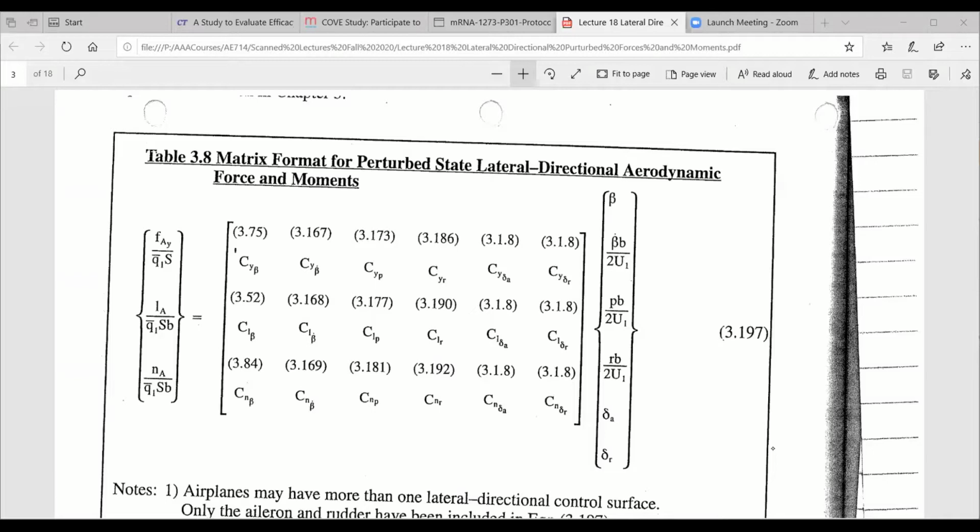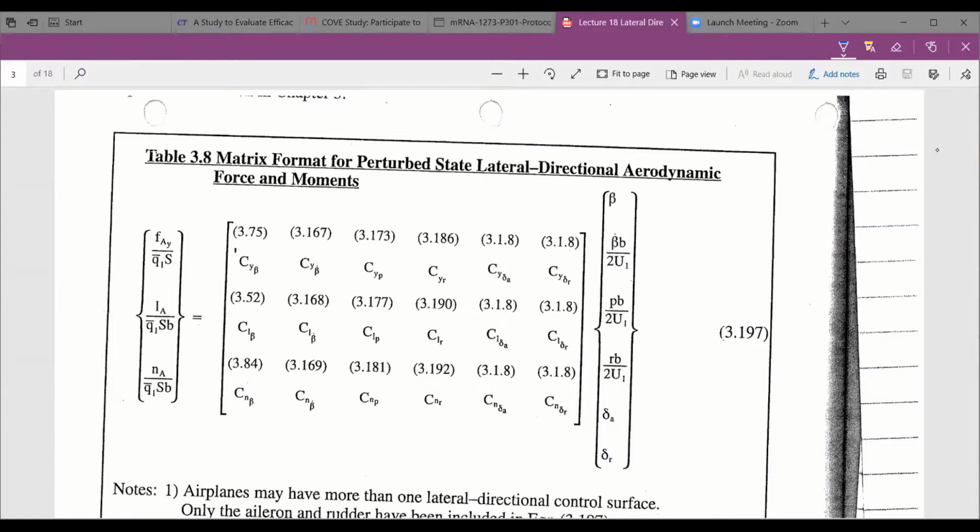So here it shows that the side force is a function of beta, the non-dimensional beta dot, P, roll rate, non-dimensionalized, R, aileron, and rudder.